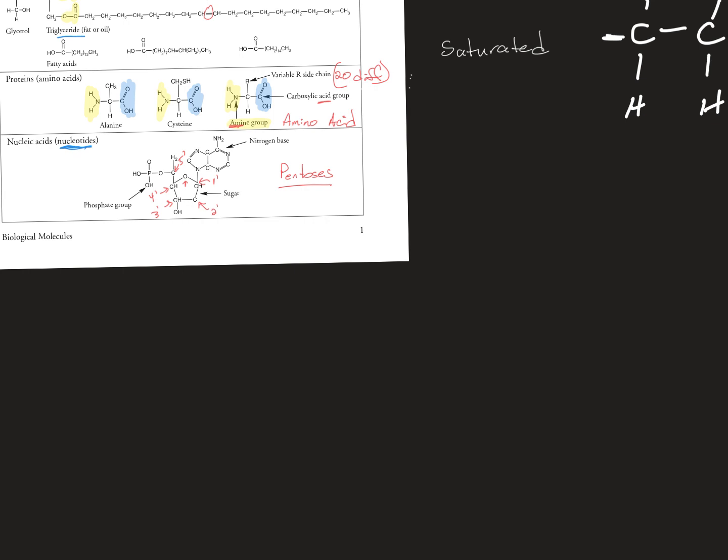Over here you have the phosphate group, that's part 1 of a nucleotide. You have the ribose, the sugar part, that's part 2 of a nucleotide. And then you have the nitrogenous base, that's part 3.